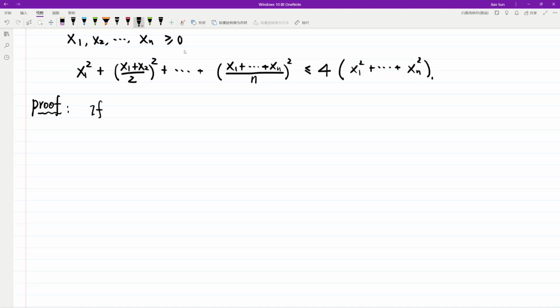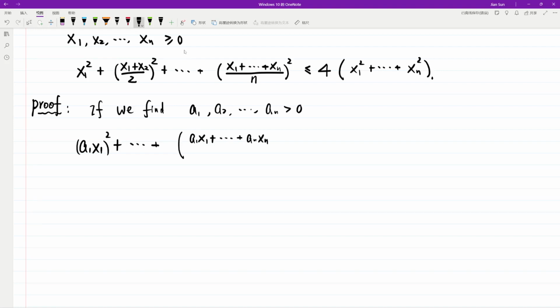If we can find a1, a2, up to an, all positive real numbers, and prove the inequality with a1 times x1 squared plus all the way, multiplying x1 by a1, x2 by a2, xn by an, we immediately notice that this is equivalent to the original Hardy inequality, because we simply multiply everything by a positive real number.